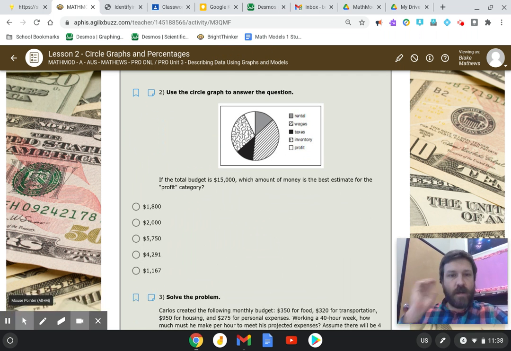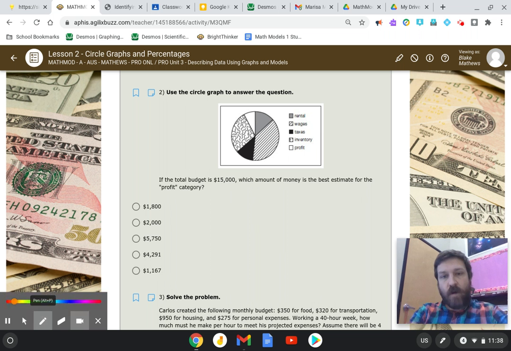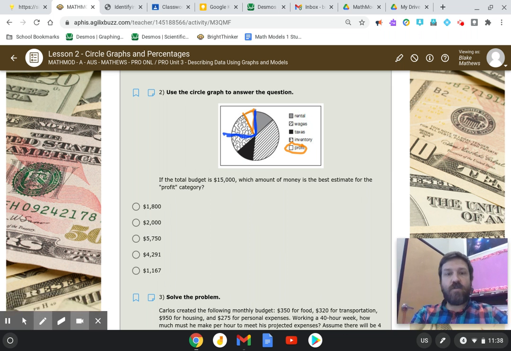Number 2, similar idea. The total budget is $15,000. What amount is the best estimate for the profit category? Well, profit again is the clear section, no pattern. So it's a pretty small sliver. We already know that 25% would be about like that. So you can use your best guess as to what percent you think that is.